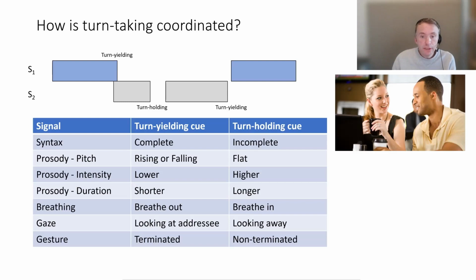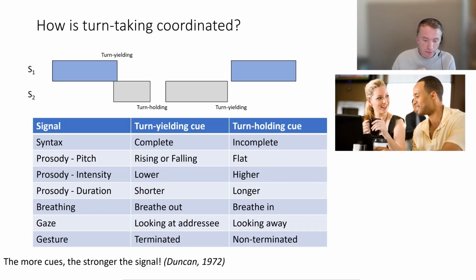Gaze is important. So if we want to hold the turn because we are thinking, we might look away and then look back at the other speaker when we yield the turn. And what researchers have also found is that the more cues you present together, the stronger the signal is for the other speaker.